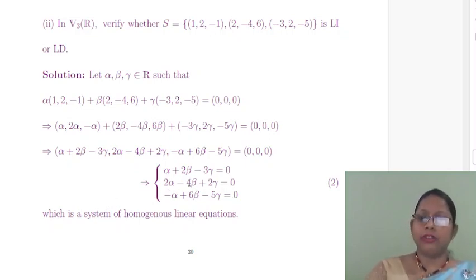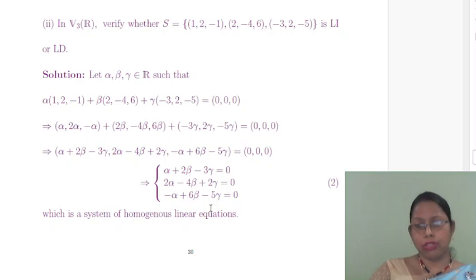This means these are a system of homogeneous equations. So solve these equations by the method for solving a system of homogeneous equations, that is, find the rank of the coefficient matrix.